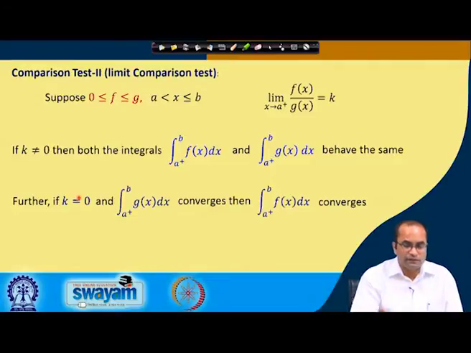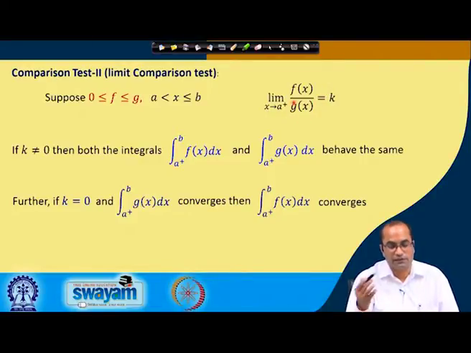Further, if we get, for example, this k to be 0, what is happening is that this g is growing much faster, perhaps going to infinity, than this f(x). So we got this 0, and it seems that g has larger values as x approaches a.